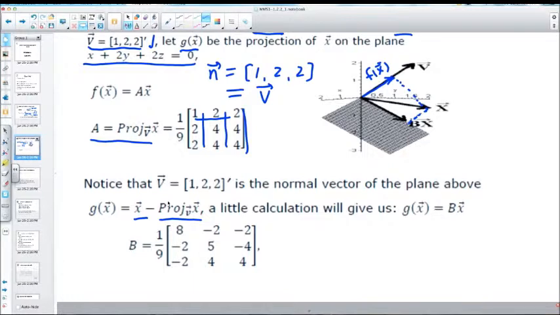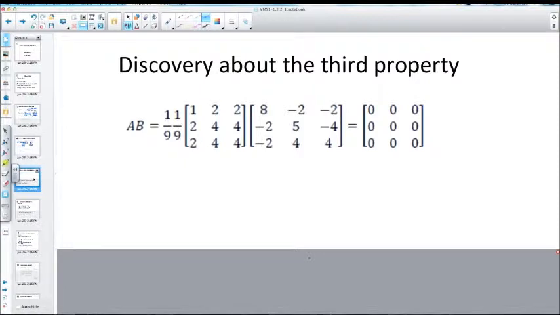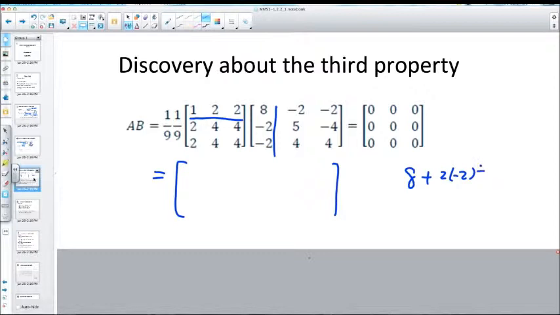So now I have two 3x3 matrices. None of them are 0 matrices. Let's do the multiplication. I'm not going to check every element, but let me do a few. First row, first column: you have 8 plus 2 times -2 plus 2 times -2.